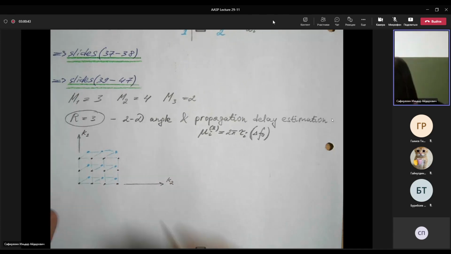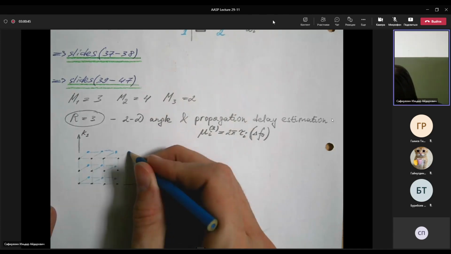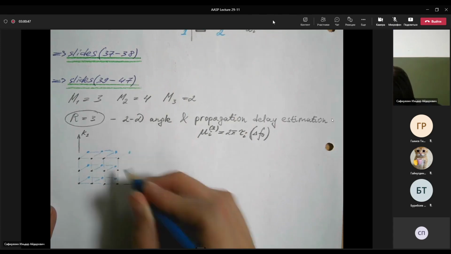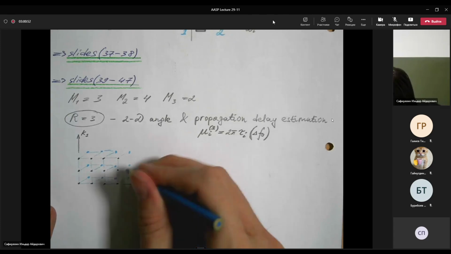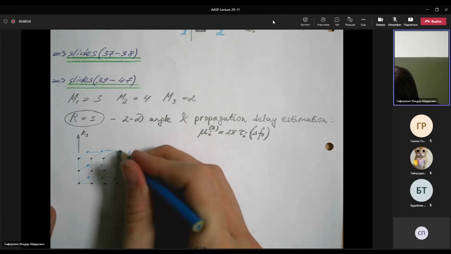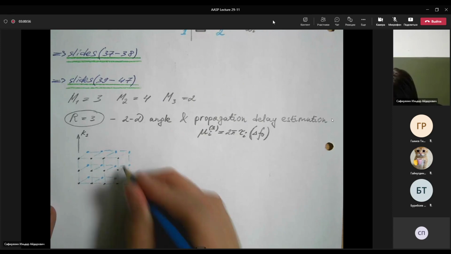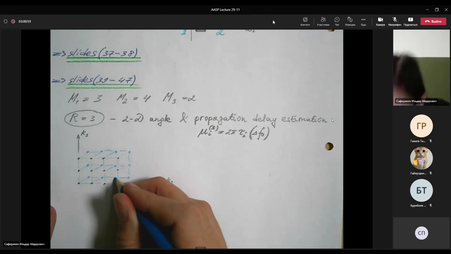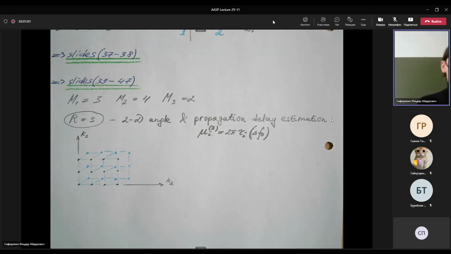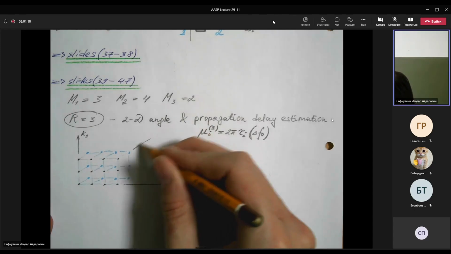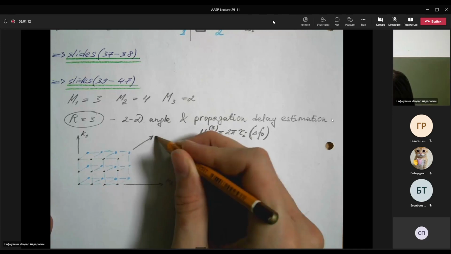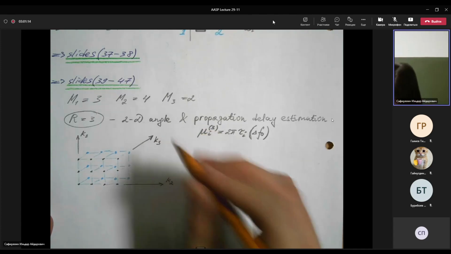And the last column somewhere here, and here. Let's show maybe here, like this one. K3.